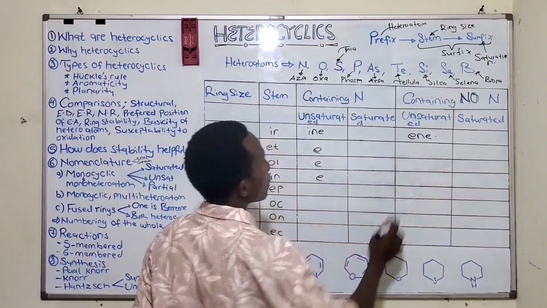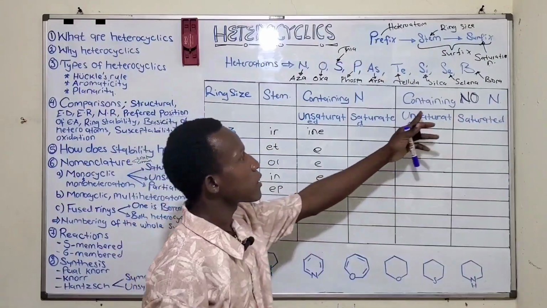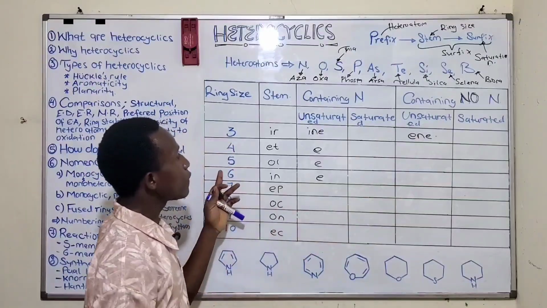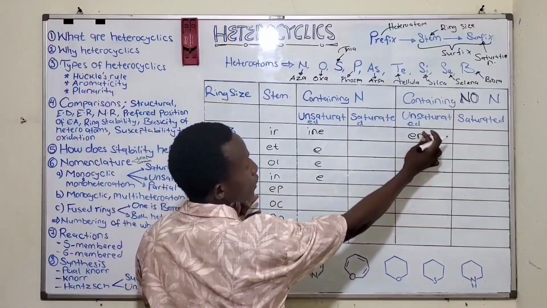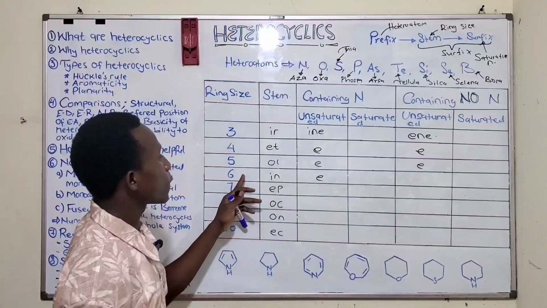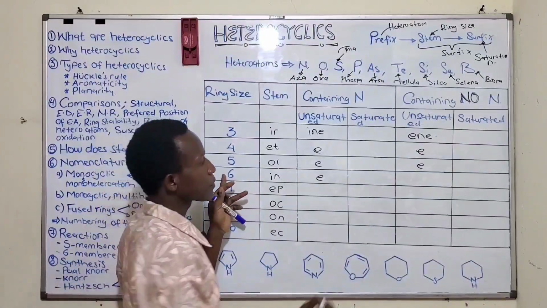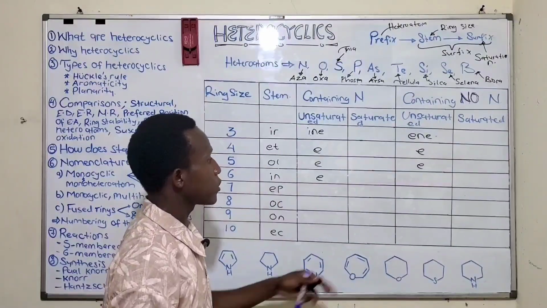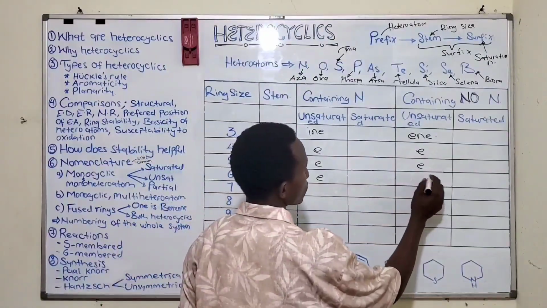Then for the 4-membered and 5-membered that are unsaturated and don't have nitrogen, you add e. But for the 6-membered, you don't add anything.